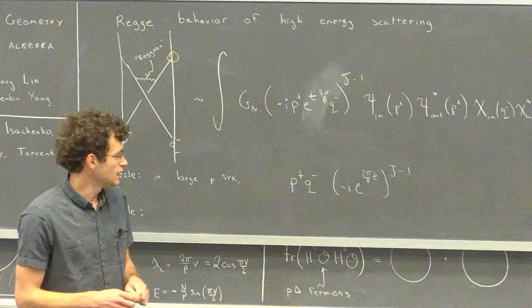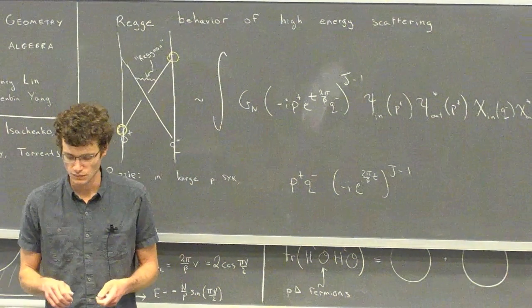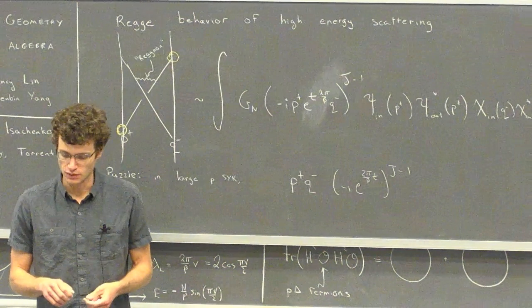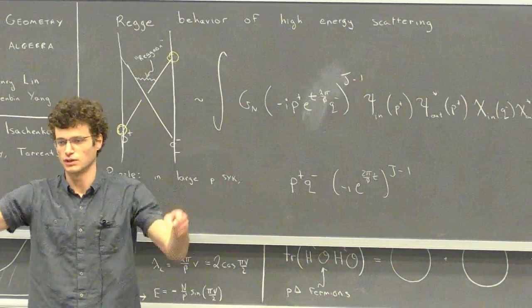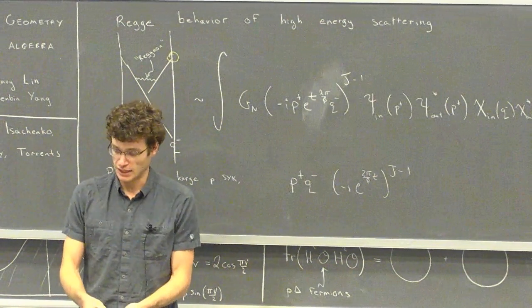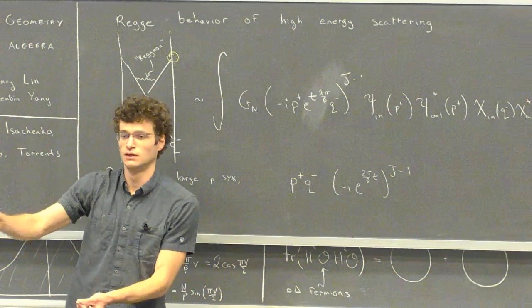The other puzzle, I don't really have room to write it, so I'll just say it, is the following weird feature of the large P SYK model. If you think about the thermal circle where the correlators are defined, try to imagine that it's drawn there, and let's think about the two-point function as describing 2 points on the circle, and we can move them around.